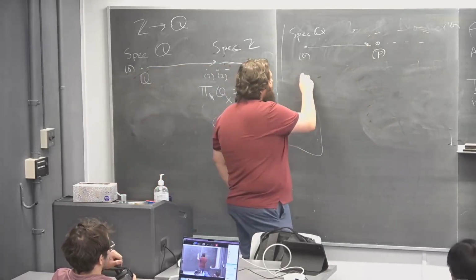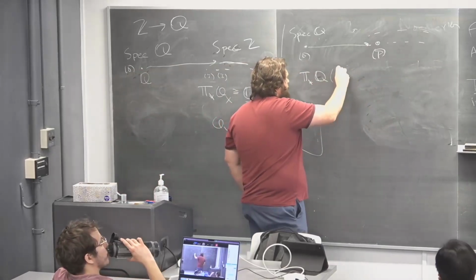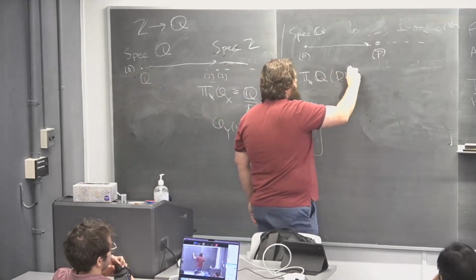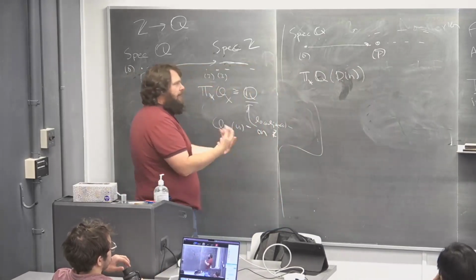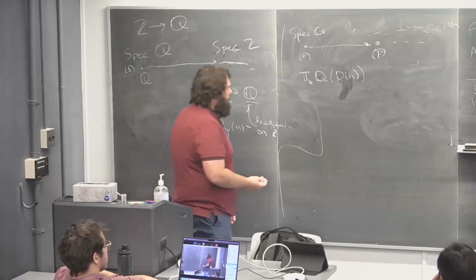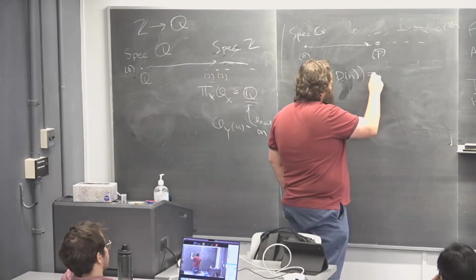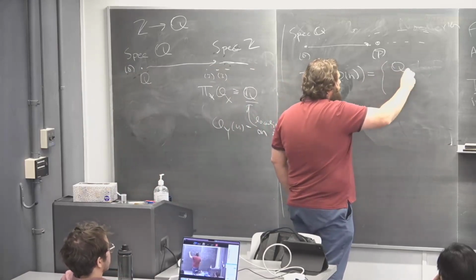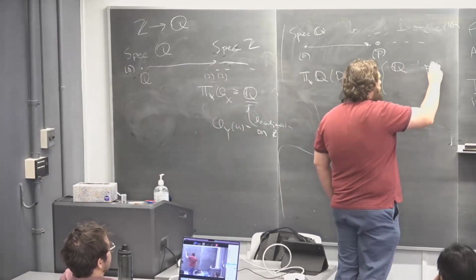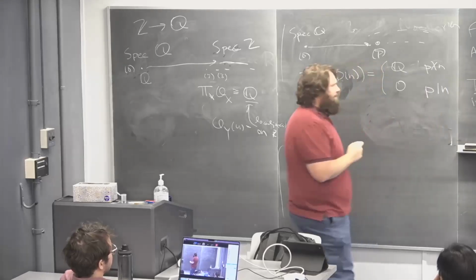The push forward i star of Q on U, let me say this a little more carefully, on D of N. So I'm taking the integer N and throwing out all the primes that divide N. So this is Q if I didn't throw out P, and 0 if I did throw out P.